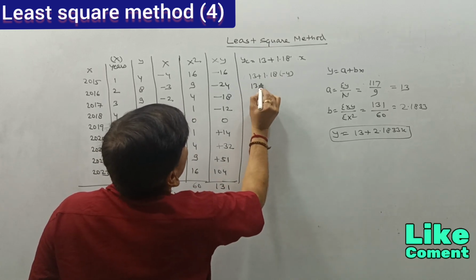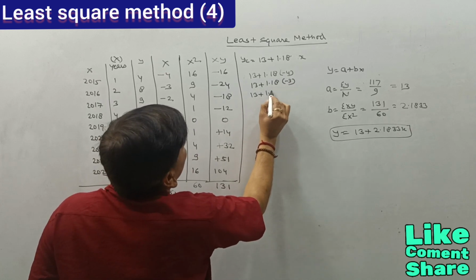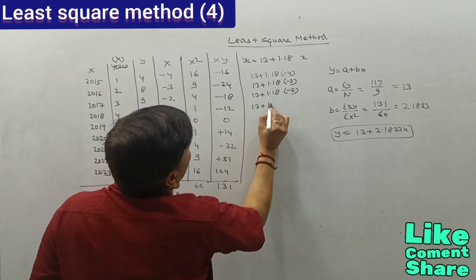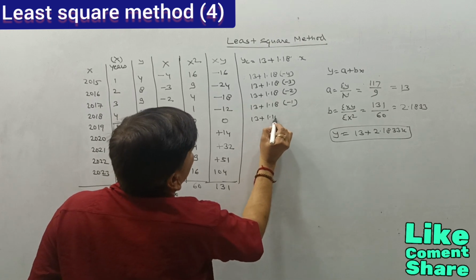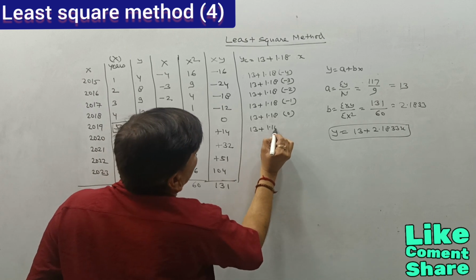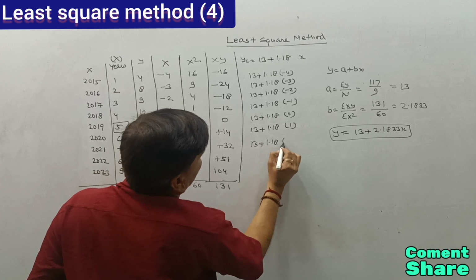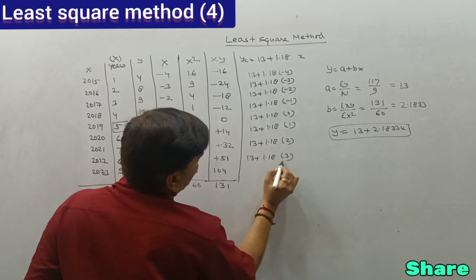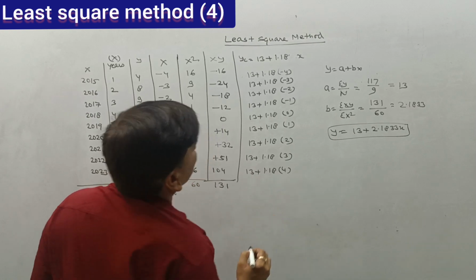Second, 13 plus 2.18 multiplied by minus 3. 13 plus 2.18 minus 2. 13 plus 2.18 minus 1. 13 plus 2.18 multiplied by 0. 13 plus 2.18 multiplied by 1. 13 plus 2.18 multiplied by 2. 13 plus 2.18 multiplied by 3. 13 plus 2.18 multiplied by 4.